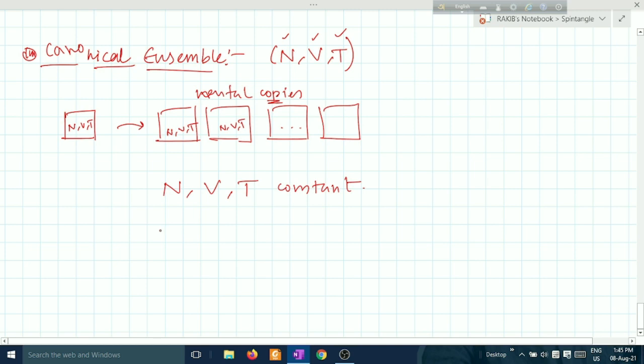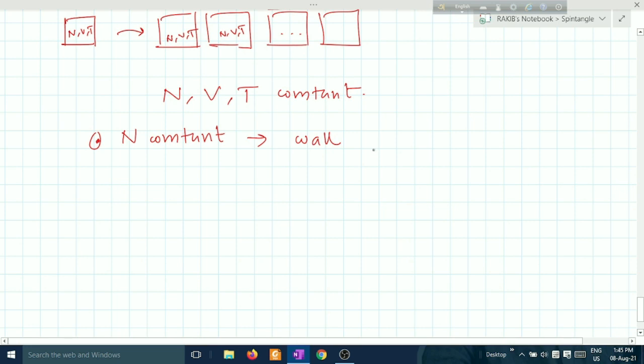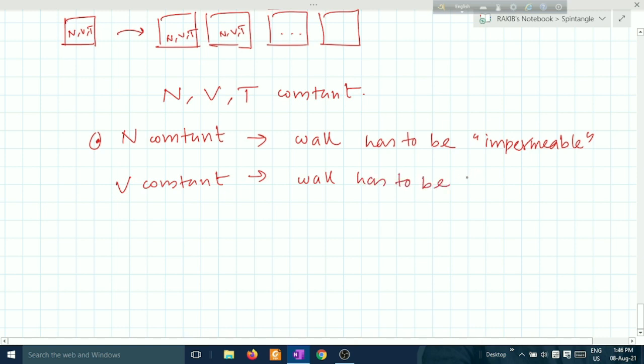To make NVT constant, first, to make N constant, the wall of the system has to be impermeable. This is similar to the previous topic. To make V constant here, the wall has to be rigid.